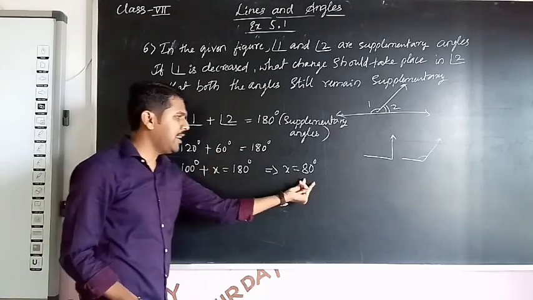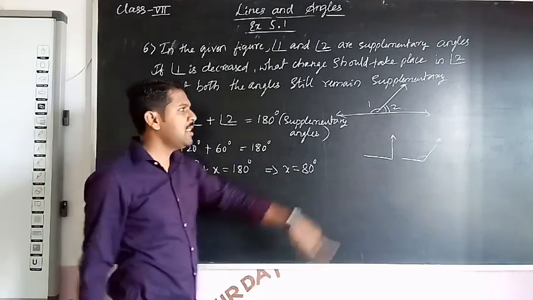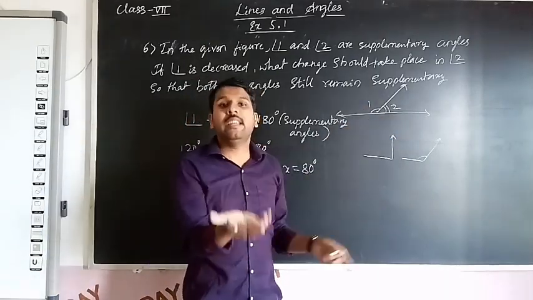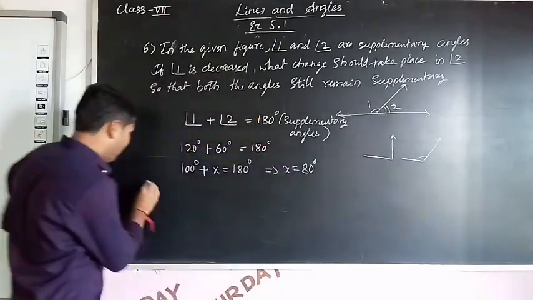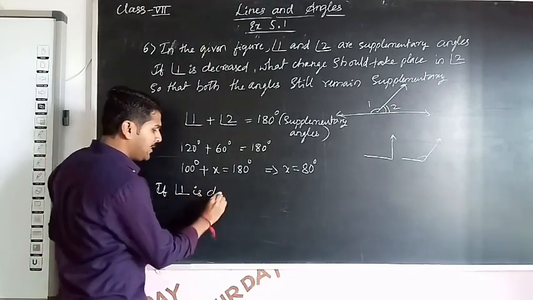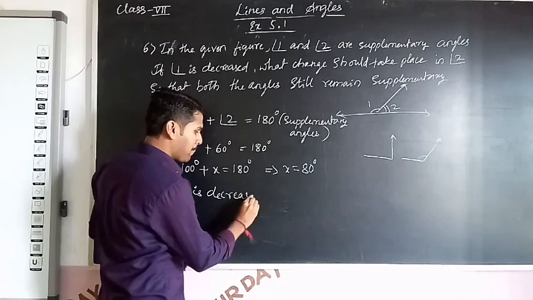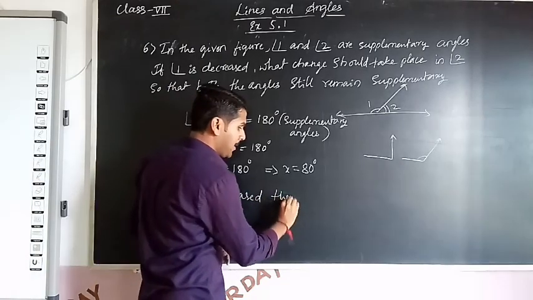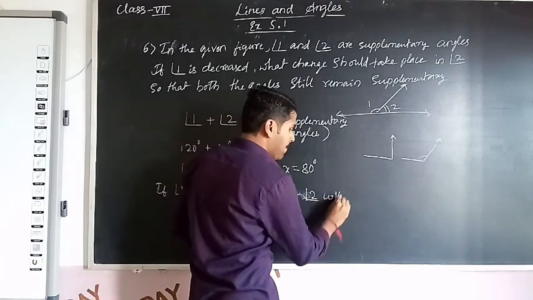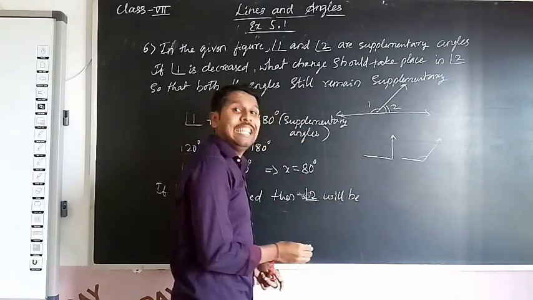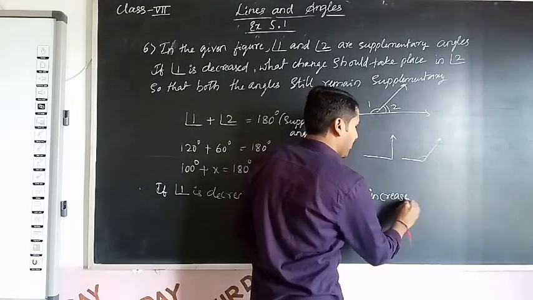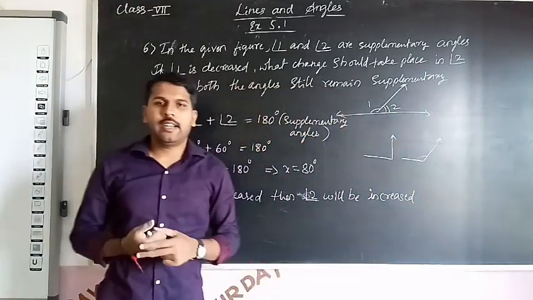Here 60 is there, here 80 is there. It increased. That means if angle 1 is decreased, angle 2 will be increased.